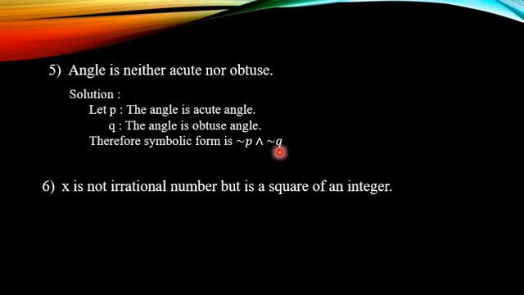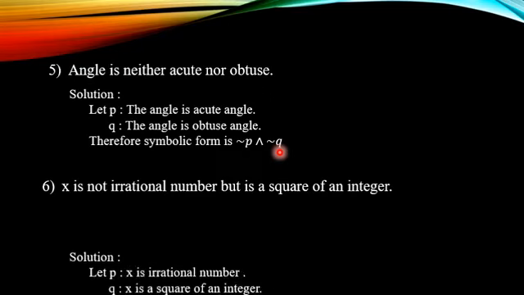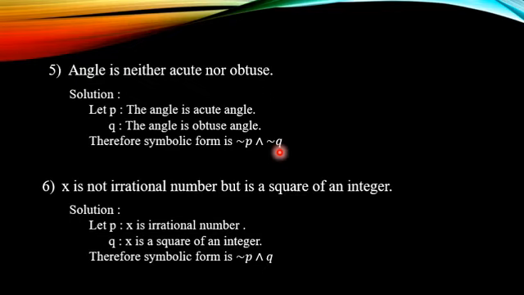Next, example number 6. X is not irrational number but is a square of an integer. Solution: let P denote X is irrational number, Q denotes X is a square of an integer. Here these two simple statements are connected by but. But means and. This can be written as X is not irrational number and is a square of an integer.